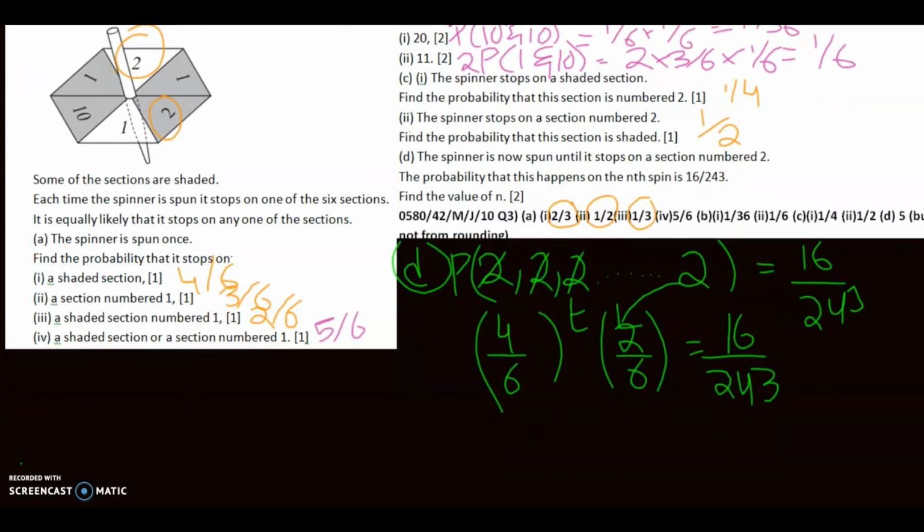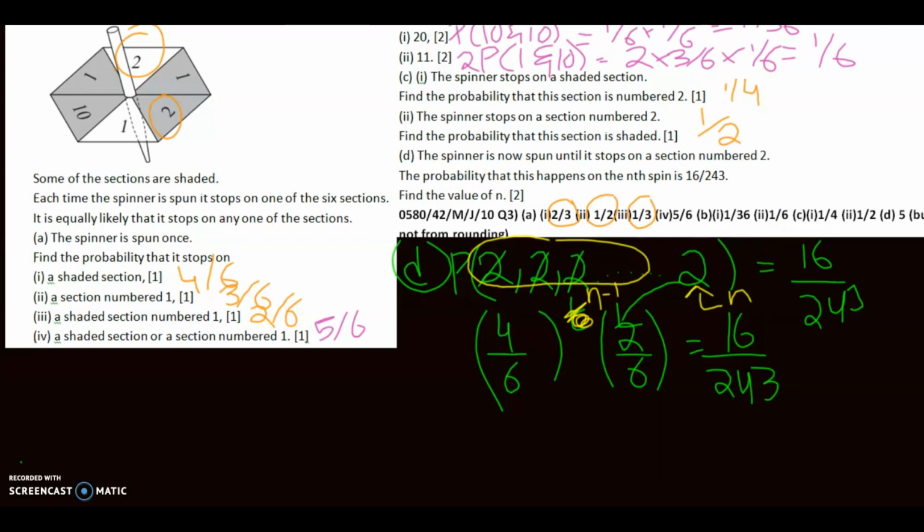In fact, instead of writing t here, let me write n minus 1, because not 2 happens n minus 1 times, and then 2 happens on the nth spin. So I have written n minus 1 instead of t, so that I have n in the equation.